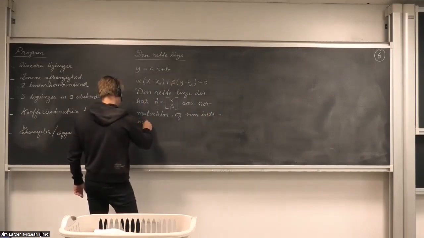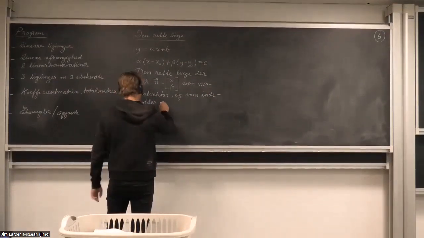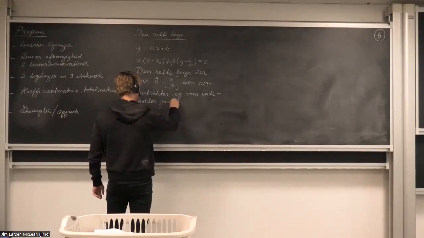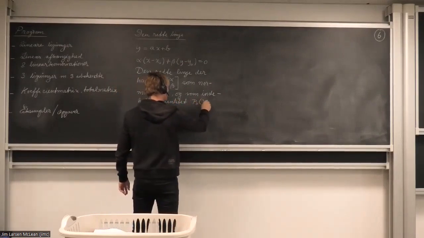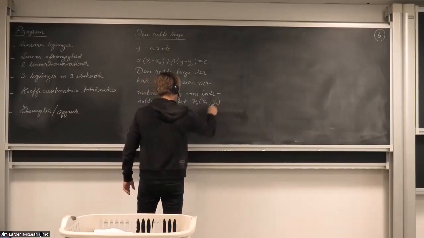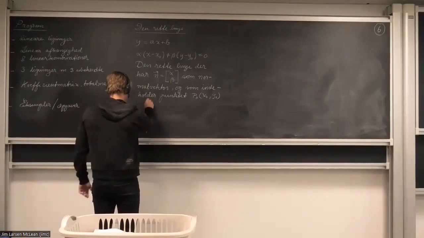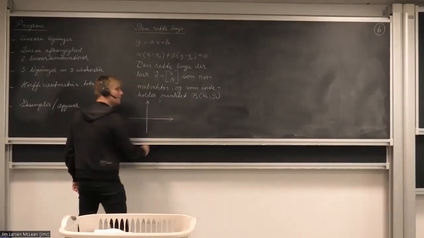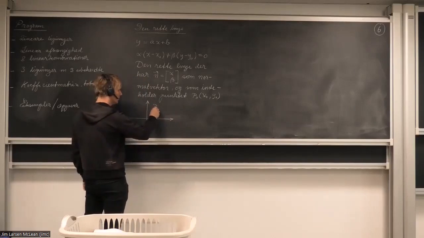When we say that a straight line contains a point, it simply means that the point lies somewhere on the line. P0 with the coordinates x0, y0. So if we draw it, we can start by thinking that there are many straight lines that go through this point here. If this is point P0.